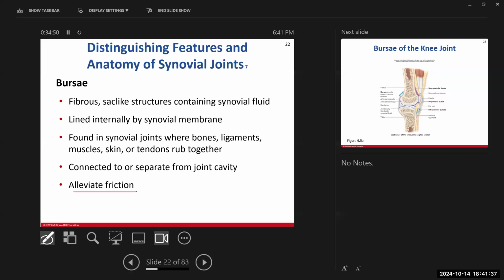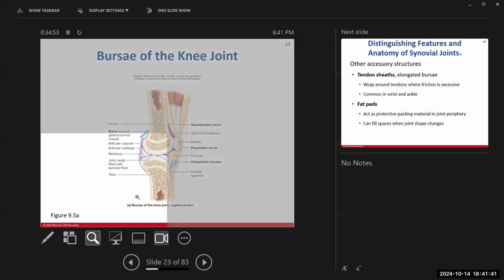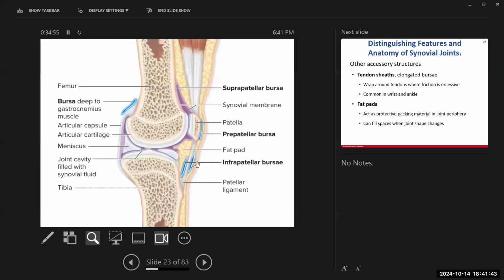And so again, the bursa sacs are just these fluid-filled synovial sacs that sit around various areas of the joint. You can see here we've got a couple bursa sacs in and around the patellar ligament. You'll see it on the back side around some of the knee joint. And this is not even showing all of the bursa sacs that are around your joints.